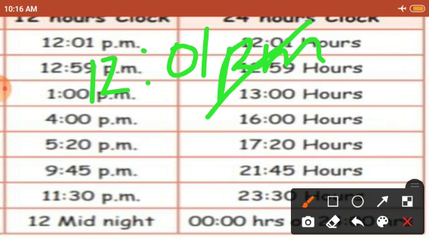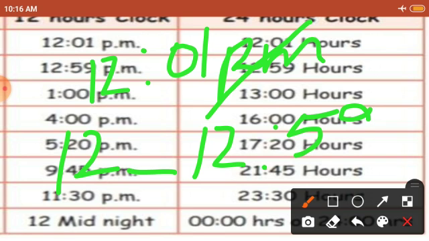But for 12 to 12:59, you don't need to change anything if that is noon. If that is PM or if that is noon, that means 12 noon, 12:01, 12:02, 12:03, 12:04, 12:05 up to 12:59, no need to add 12 with it. After 1 o'clock only, you have to add 12 with it.